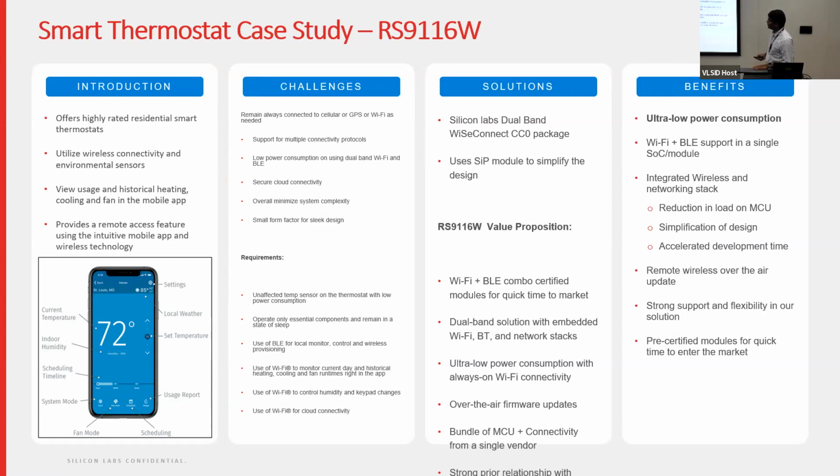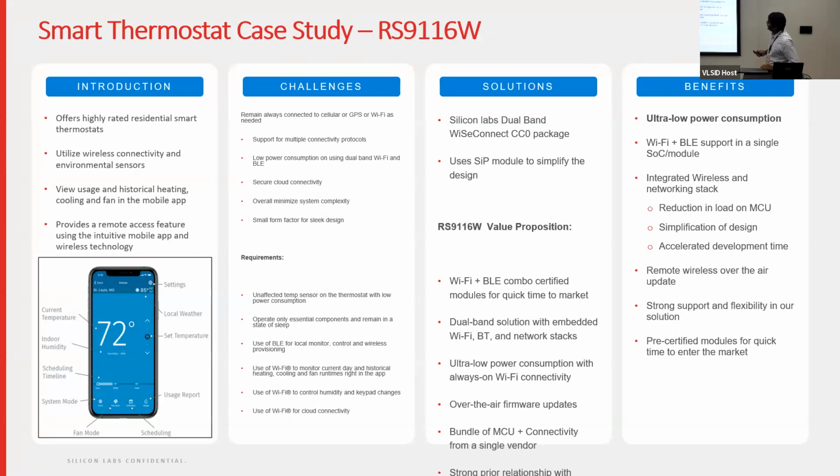This thermostat will help in controlling that, giving a configurable temperature. It allows the user to set the particular temperature, and the room will be set automatically to that temperature.